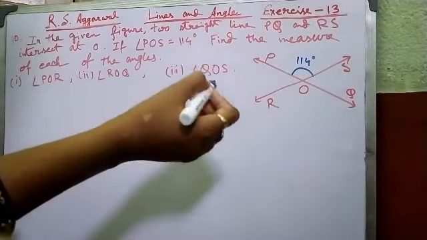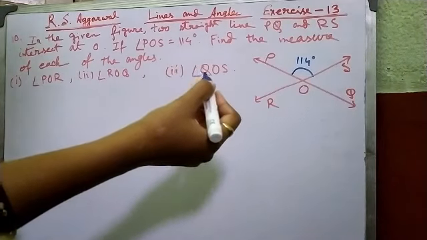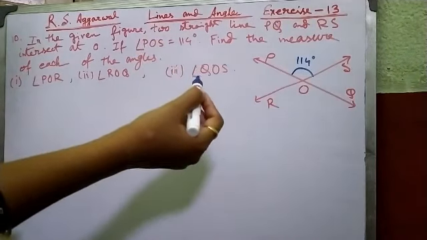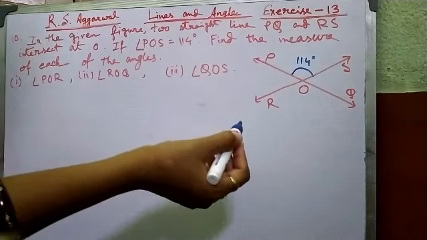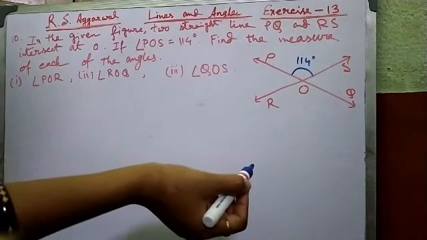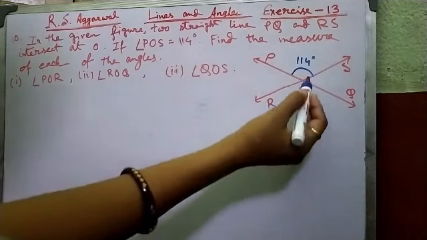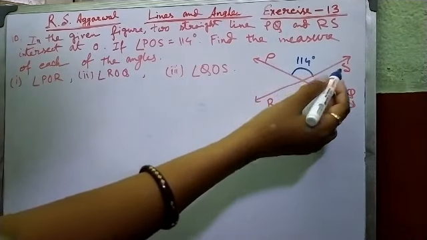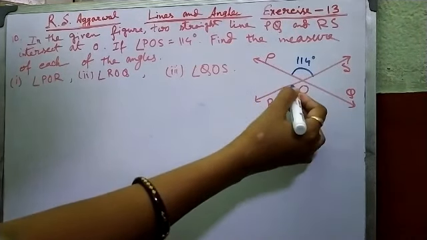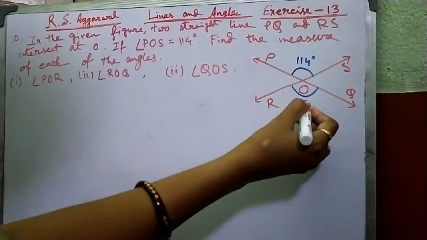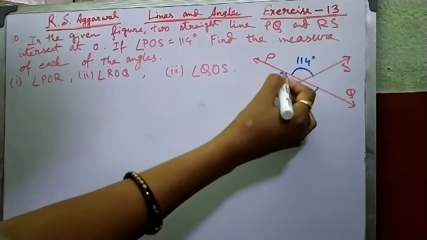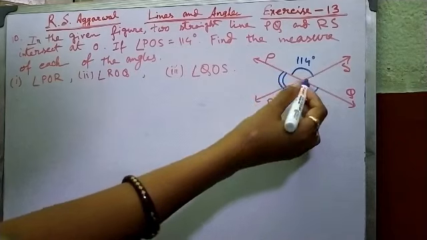That means we learned that in the introduction class, two straight lines when intersect at a point, then vertically opposite angles will be equal. That we learned. That means if this angle POS is 114 degree, then this angle will be also 114 degree, and we have to find out the value of this angle POR.